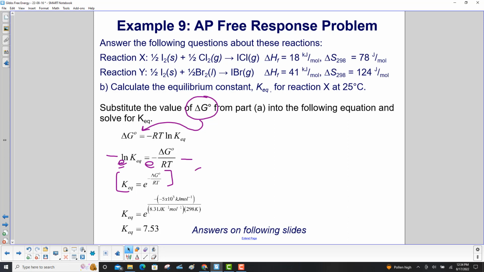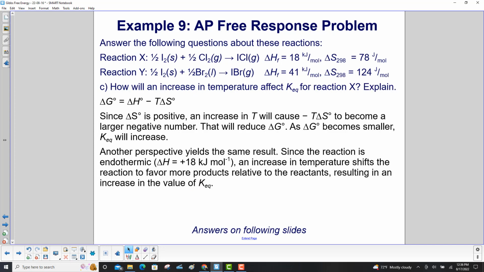We then substitute in our values. That's delta G. Here's the universal gas constant, and here's the temperature in Kelvin, and we get the equilibrium constant is 7.53.